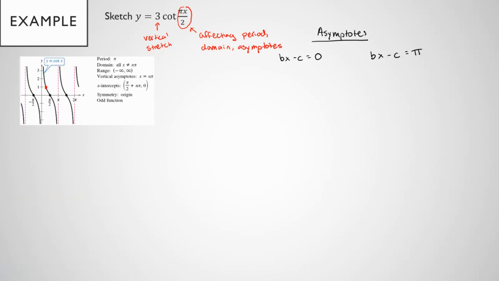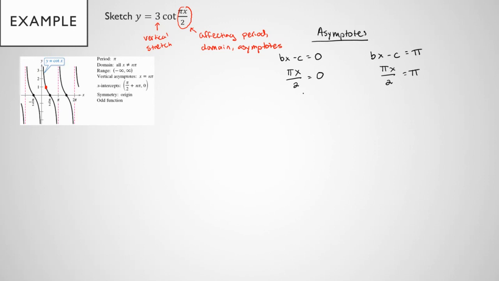If you wanted to use 2 pi and pi instead, that's fine. You just need to basically pick two of the existing asymptotes to cotangent, and then you're going to solve. So inside our cotangent, we have pi x over 2. So we're going to set that equal to each of our asymptotes and then solve for x.